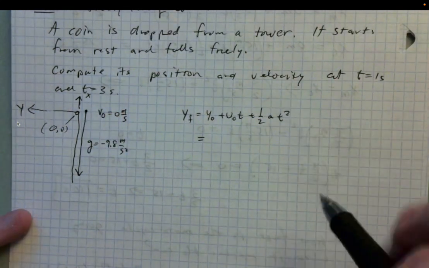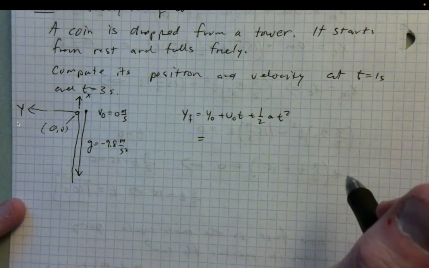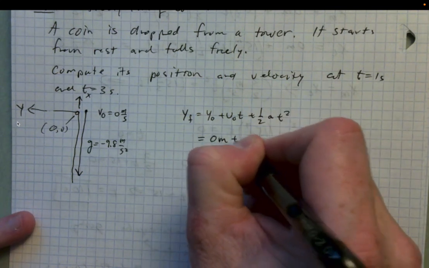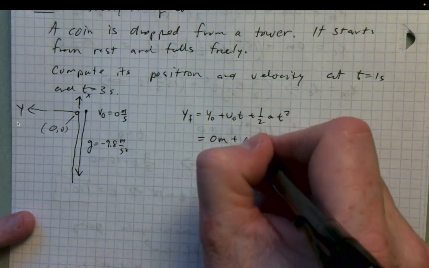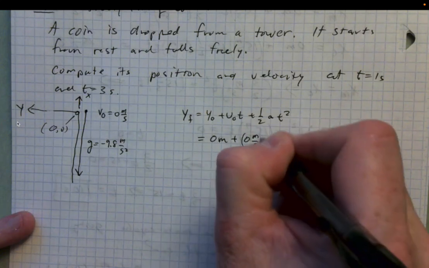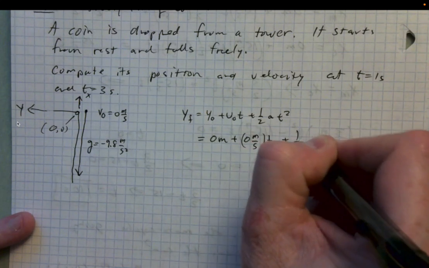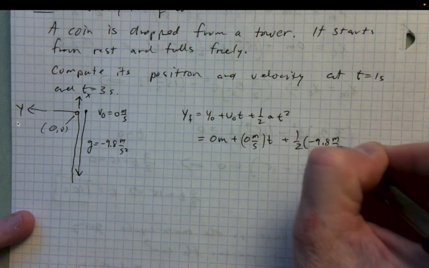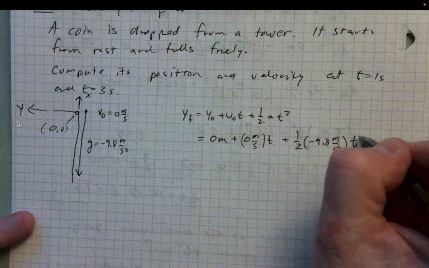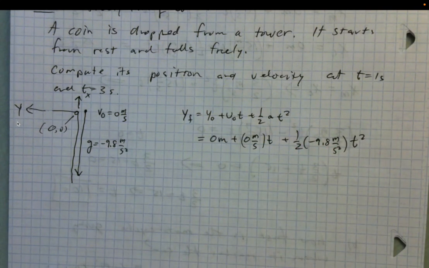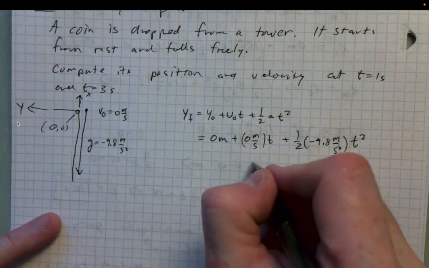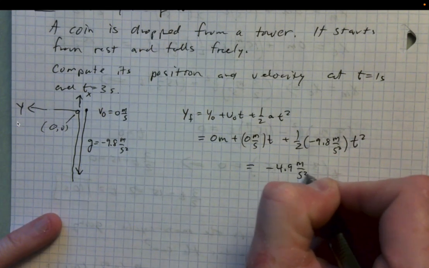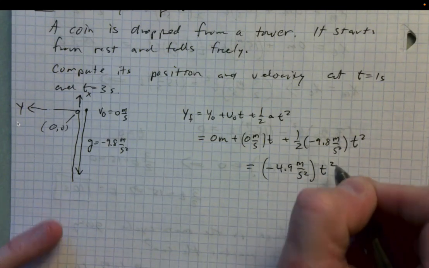Right, and so we'll say the initial position is 0 on the y-axis. Okay, and so we've got 0 meters plus the velocity, which is 0 meters per second, times t plus 1/2, and then the acceleration is negative 9.8 meters per second squared. Okay, and so this can all be simplified down to just negative 4.9 meters per second squared times the time squared.